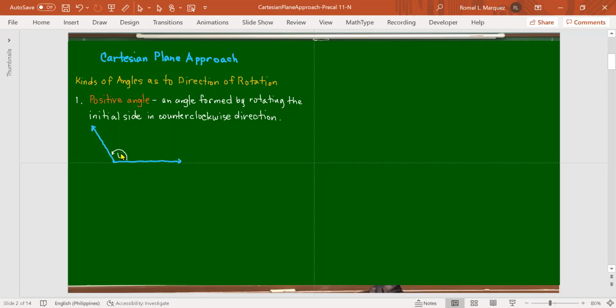Let's say this is theta. So we say that theta is a positive angle, that is, theta is greater than 0 degrees if in degree measure, and greater than 0 if in radian measure.